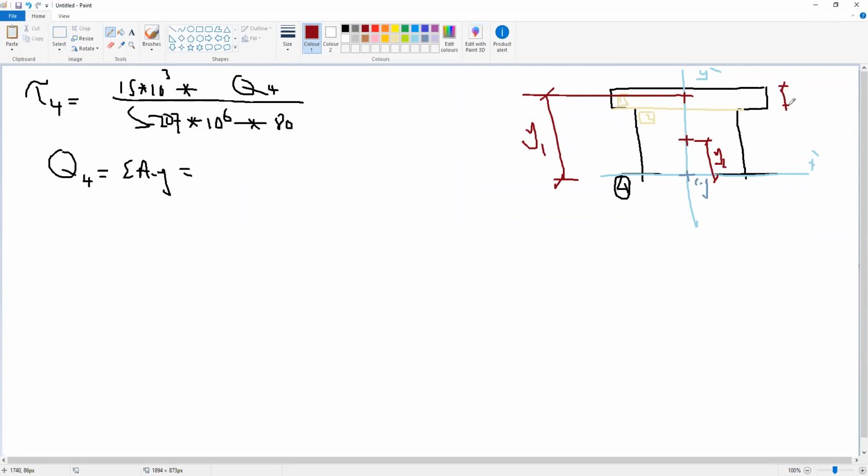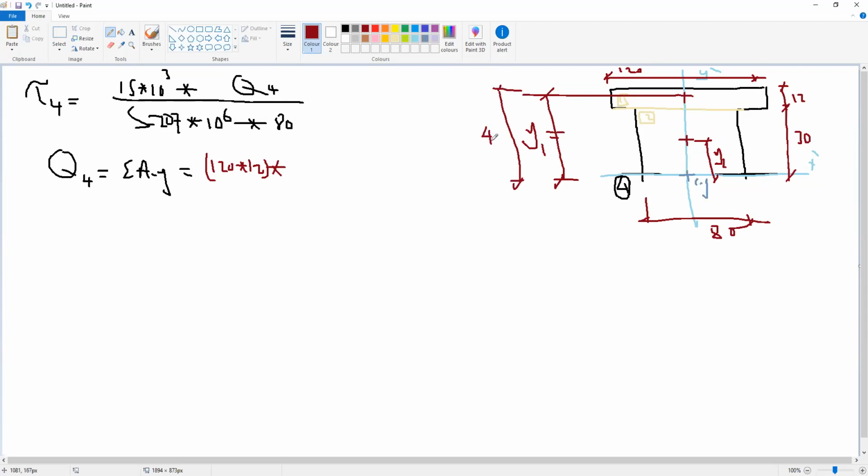This was 12 and this was 30. And the width here was 120 and the width here is 80. Okay, so Q4 will be area 1, 120 multiplied by 12. This is the area multiplied by Y. What is Y? Just as we said before, the whole height from the centroid to the top level is 42, and from here to the centroid is 6.